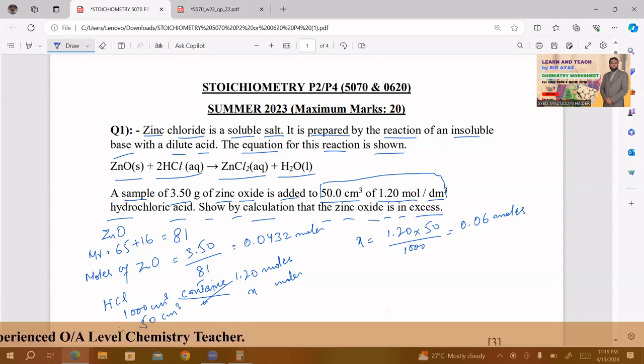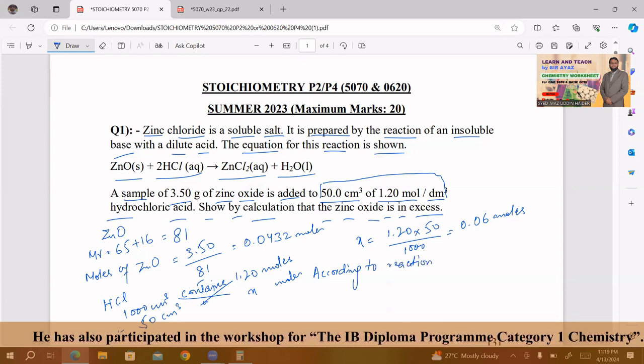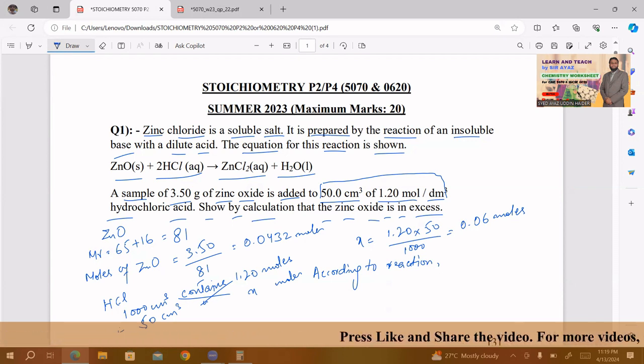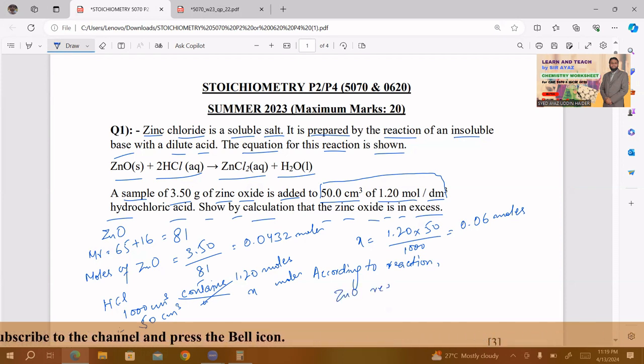So you have moles of HCl, 0.06, and moles of ZnO is 0.0432. So according to the reaction equation, 1 mole of ZnO reacts with 2 moles of HCl. Therefore, 0.0432 moles reacts with X moles.